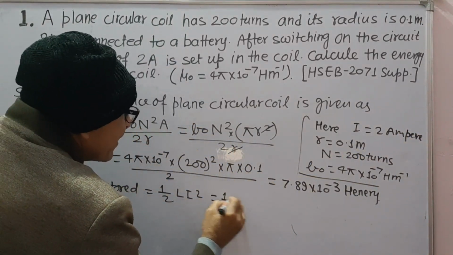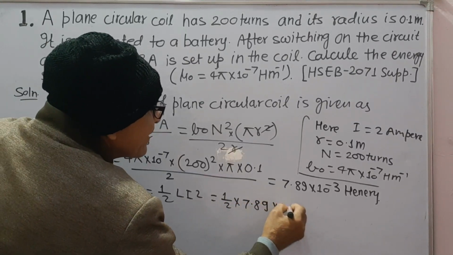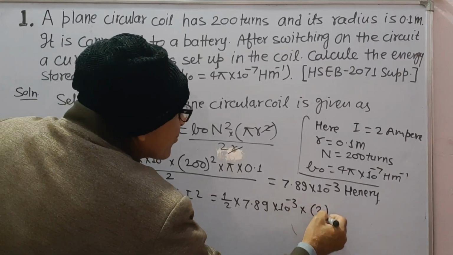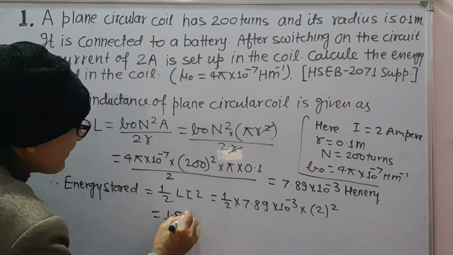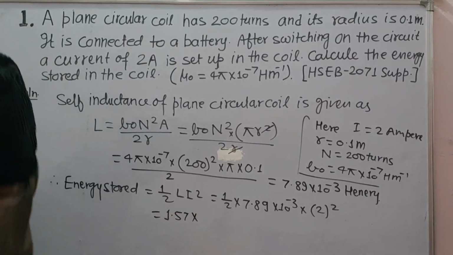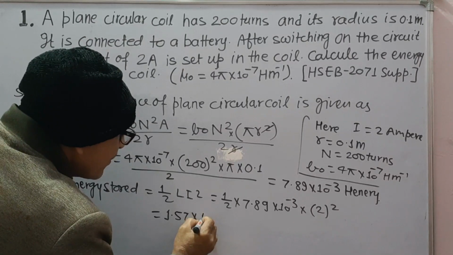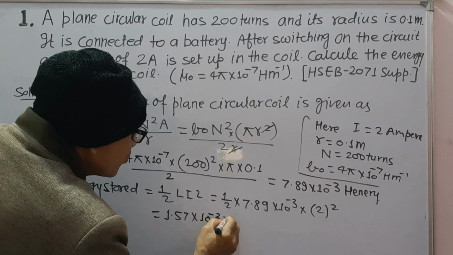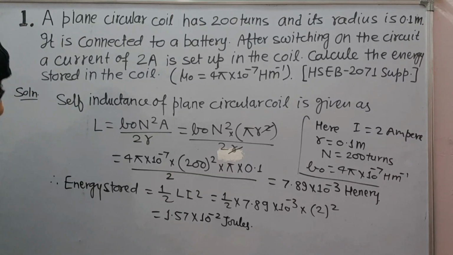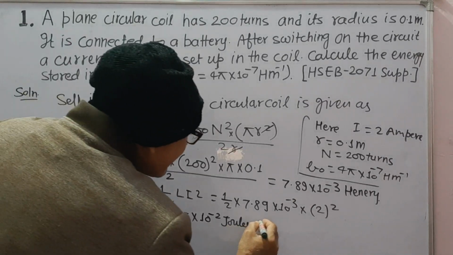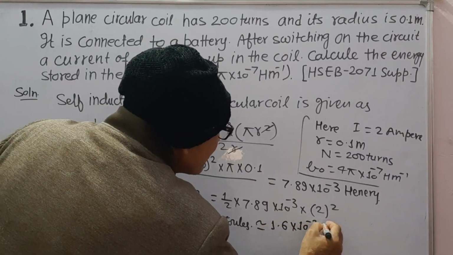So, 1 by 2 L, 7.89 into 10 to minus 3 into 2 square, which gives 1.57 into 10 to minus 2 joules, which is nearly 1.6 into 10 to minus 2 joules.